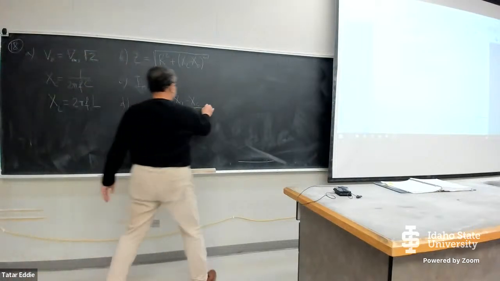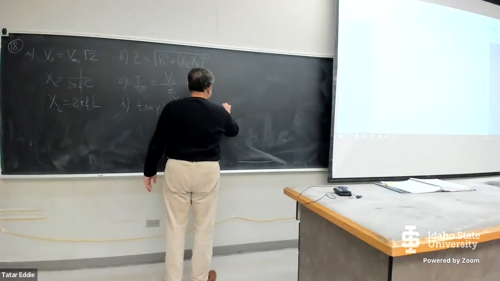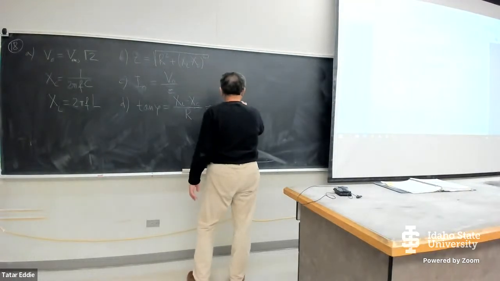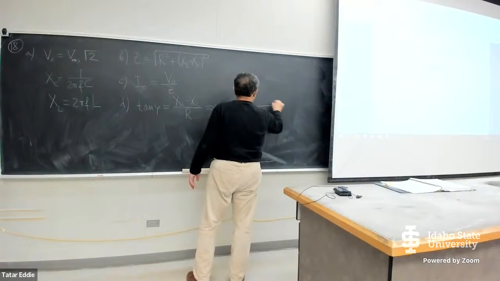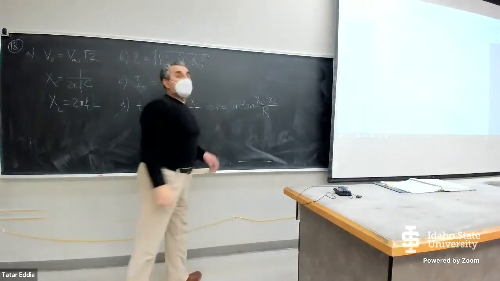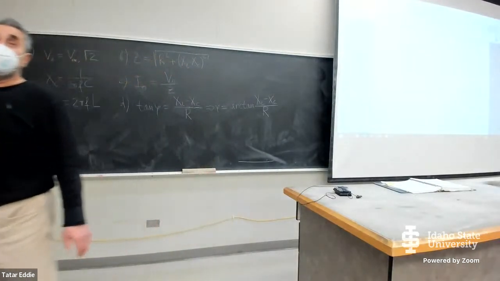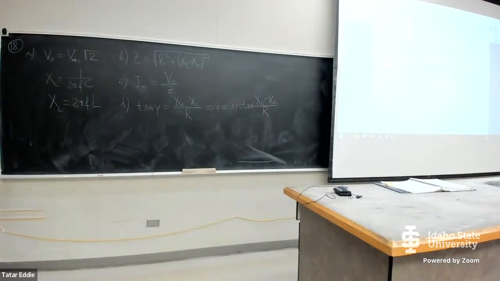So from here, the angle itself is equal to inverse tangent of XL minus XC divided by the resistance. That angle may come out negative, depending upon the values of inductive and capacitive reactance. You have to keep that algebraic sign.